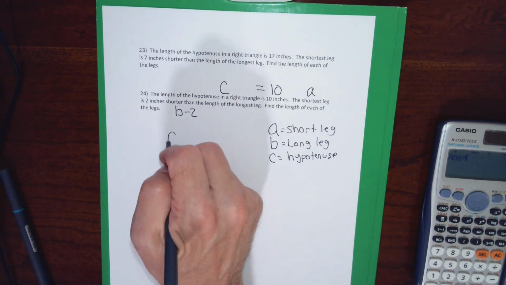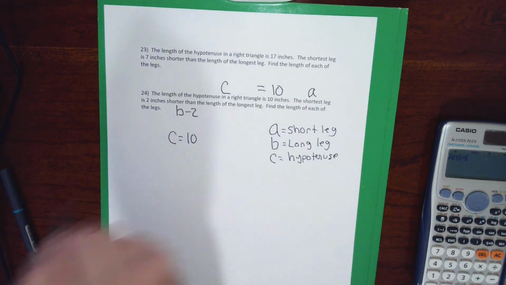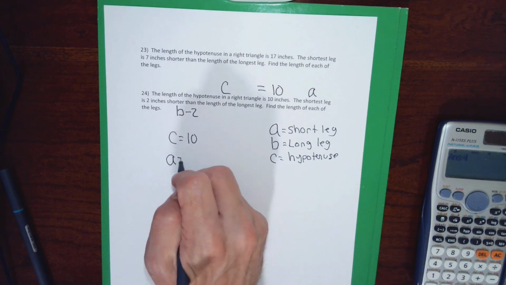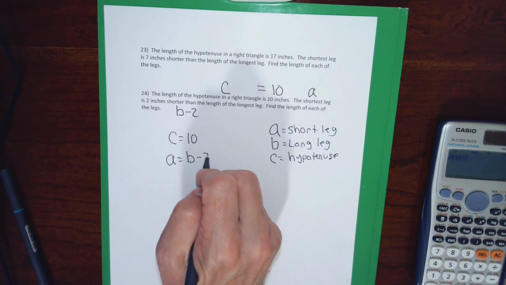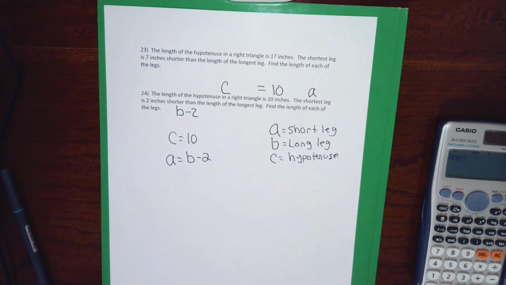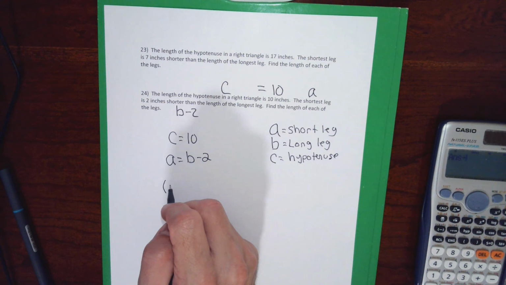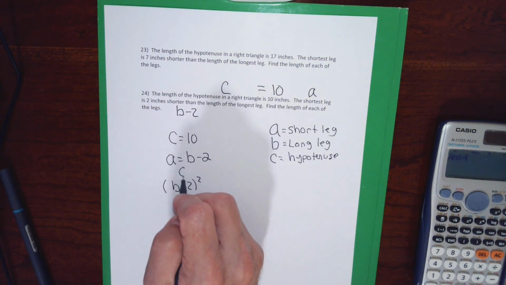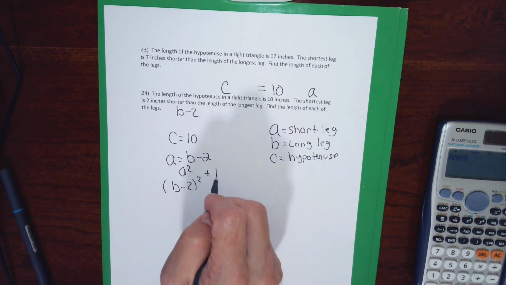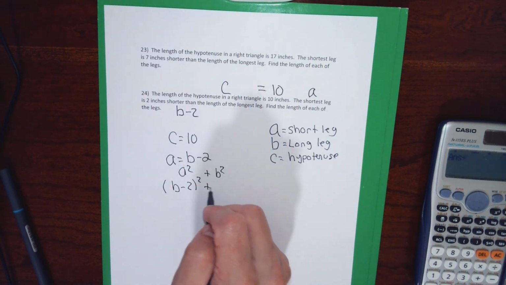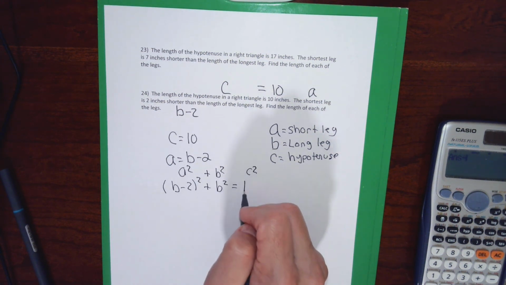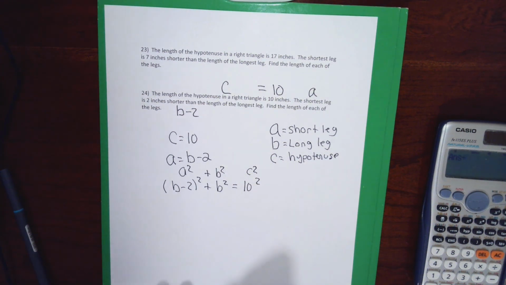First sentence says C is 10. Second sentence says the short leg A is 2 less than the long leg, it's B minus 2. And then it asks me to solve. So I'm going to solve this by going A squared, B minus 2 squared, plus B squared, which is just B squared, equals C squared, which is 10 squared.